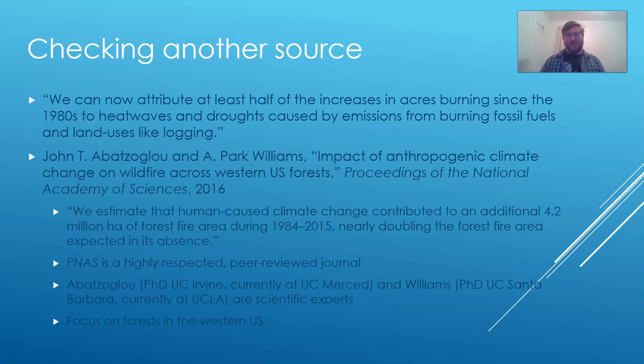And if we look through their CVs, we can see they've got a lot of publications on this exact issue about climate change and wildfires. They've both been working on this topic for a while. So, they're definitely scientific experts. They're definitely people who know what they're talking about in this area. One other thing to note is that, like the NOAA source, they specify that they're talking about forests in the western United States specifically.